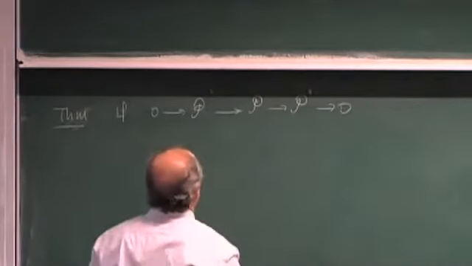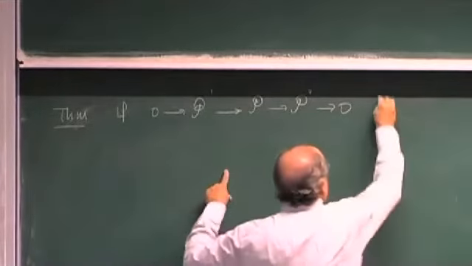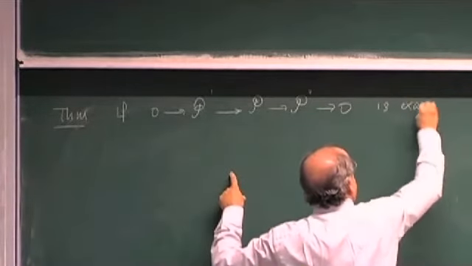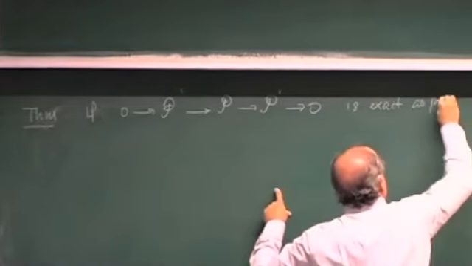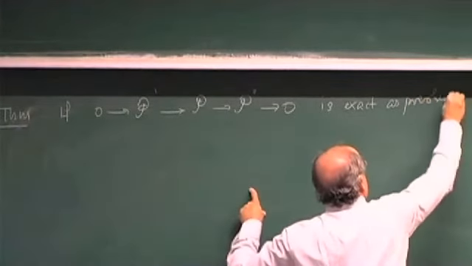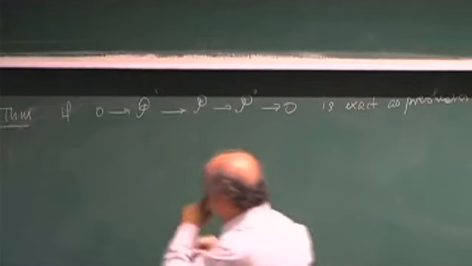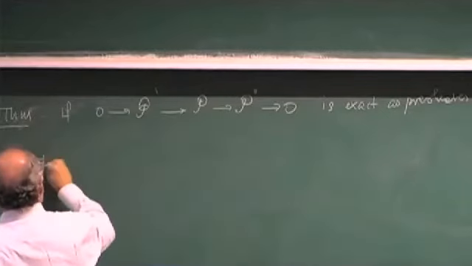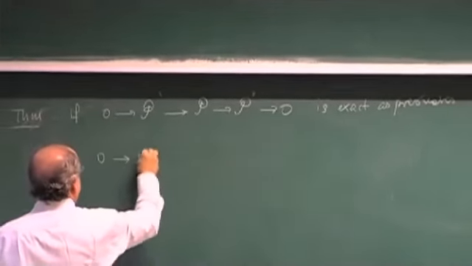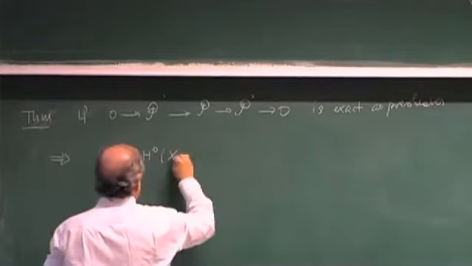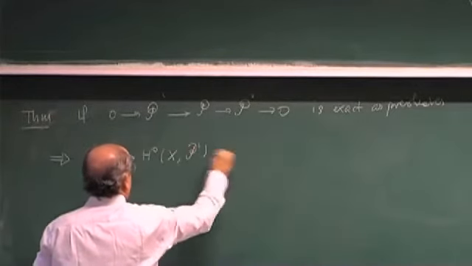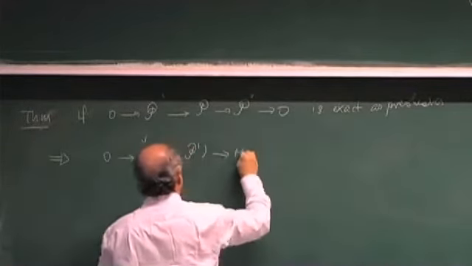So suppose this is exact as presheaves. Then one can show that we have a long exact sequence in Čech cohomology. Now, this is very long to write.